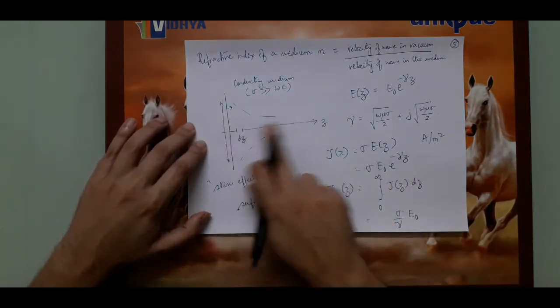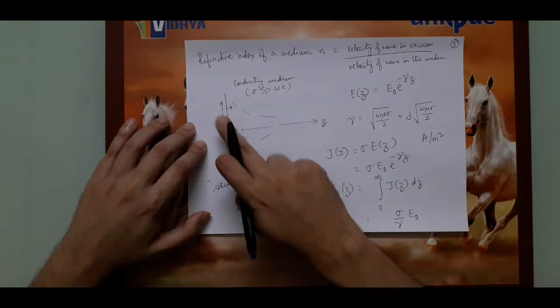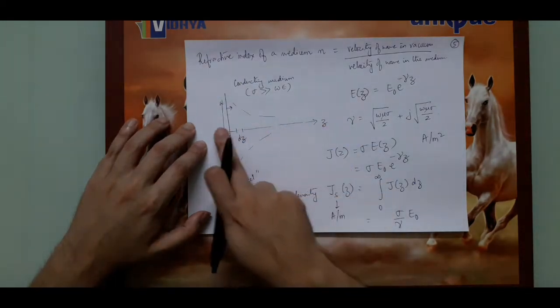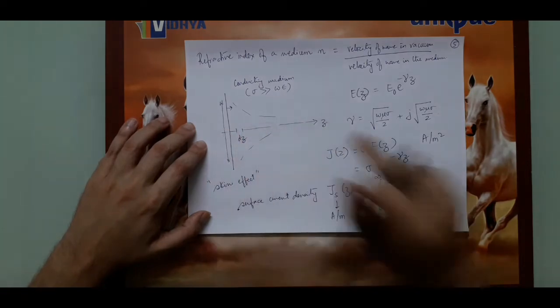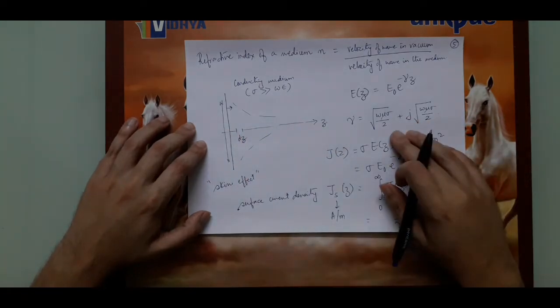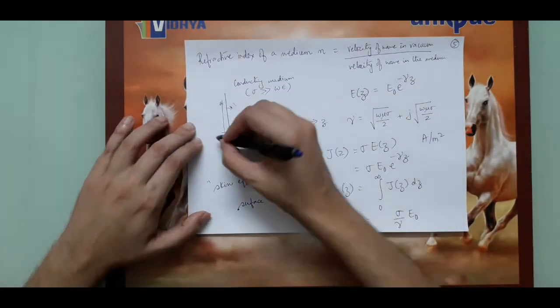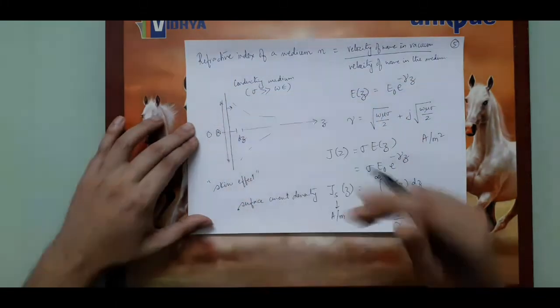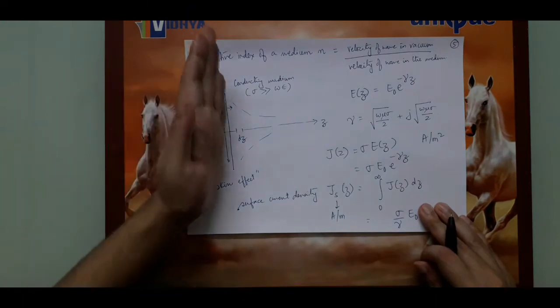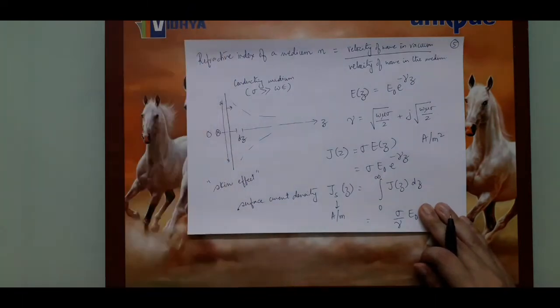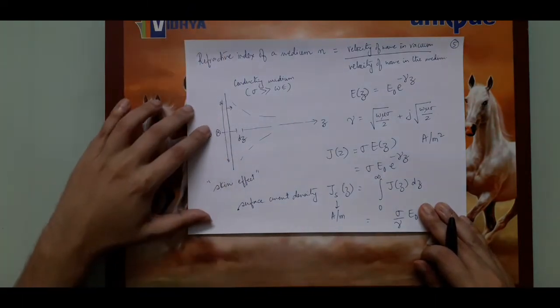The important thing is the electric field has to exist perpendicular or orthogonal to the z-axis. So whether the electric field exists this way or this way, it doesn't really matter, because as far as the surface is concerned, the electric field will always be tangential.